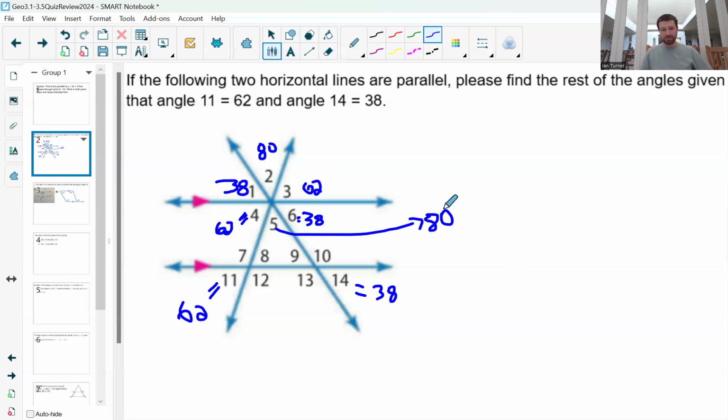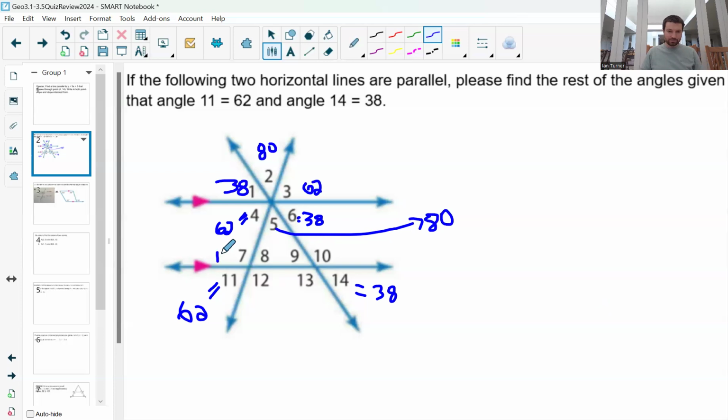There's a bunch of ways you could have done that first step, right? We could have said, wait, whoa. No, yeah, that works. I think that's right. So then 7 and 11 add up to 180, so 7 is going to be 118.